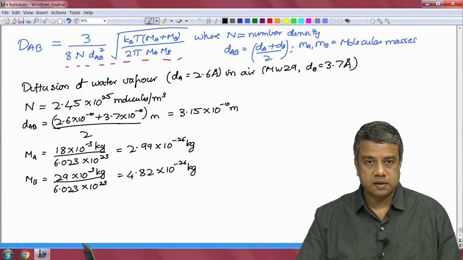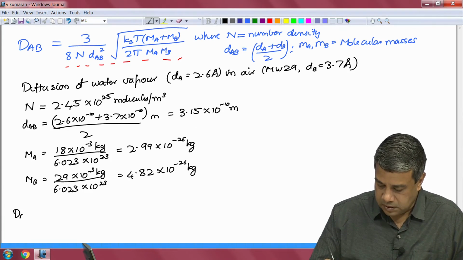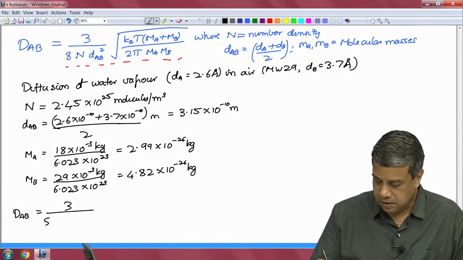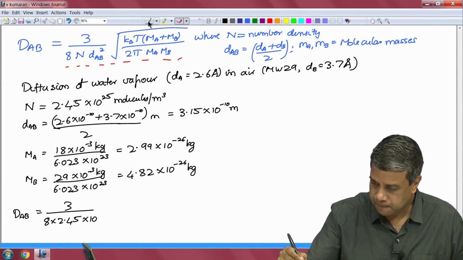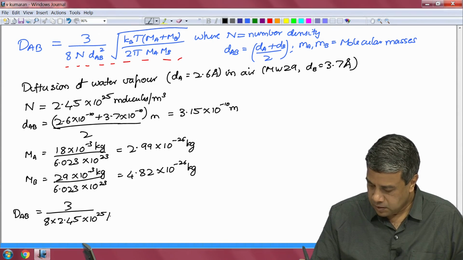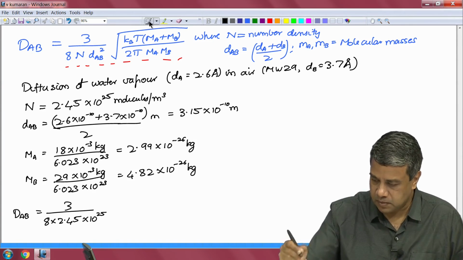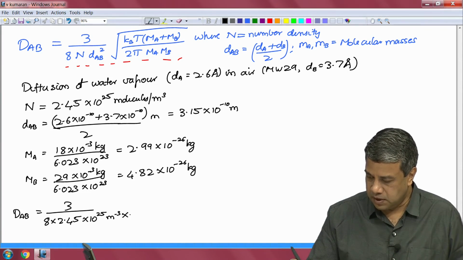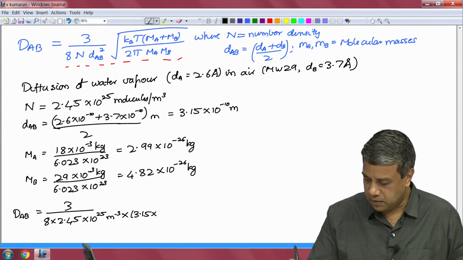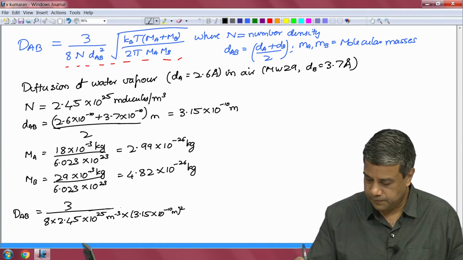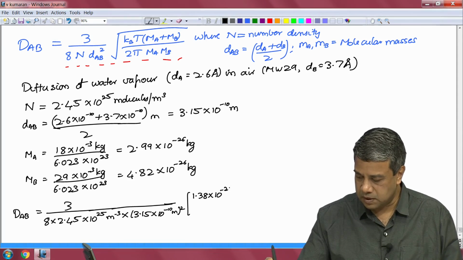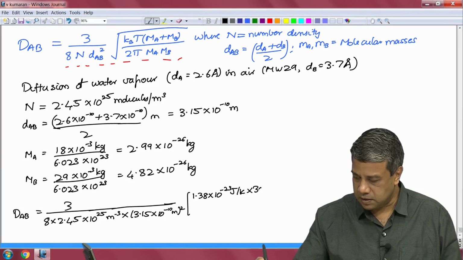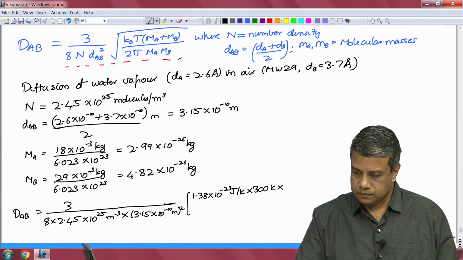These are all substituted into the expression for the diffusion coefficient. DAB is equal to 3 by 8 times the number density, with dimension number per meter cubed, into dAB square, which is (3.15 into 10 power minus 10 meters) whole square, into kB T, that is 1.38 into 10 power minus 23 joules per Kelvin into T of 300 Kelvin, into mA plus mB.